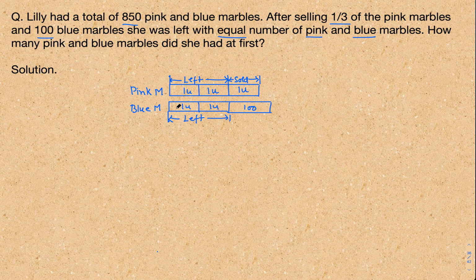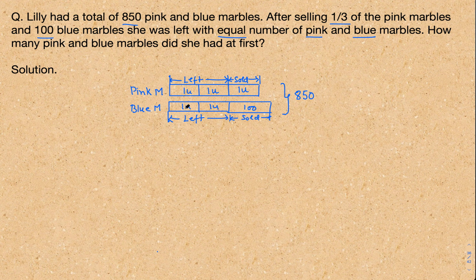After 100 has been sold, the blue marbles became 2 units. And all together, all the pink marbles and all the blue marbles is how much? It's 850, because written here, Lily had a total of 850 pink and blue marbles.